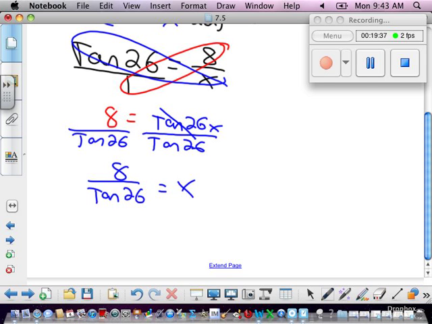So now I stick this in my calculator. I get out my handy-dandy calculator, and I hit 8 first, then divide, then that trig button, go over to tan. In tan, put 26. Hit enter.